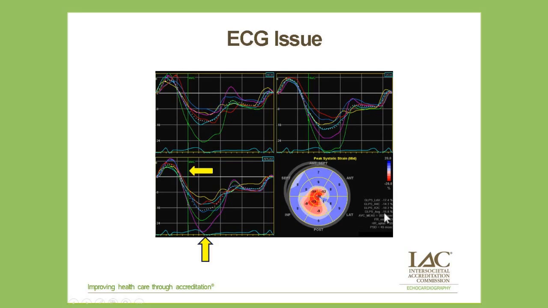But if you look at the global longitudinal strain average here is a negative 16.8. So it was felt that the issue here with the EKG probably could have been changed, to read off a different electrode or something that would have helped this, but we thought that the EKG issue here really confused the algorithm.